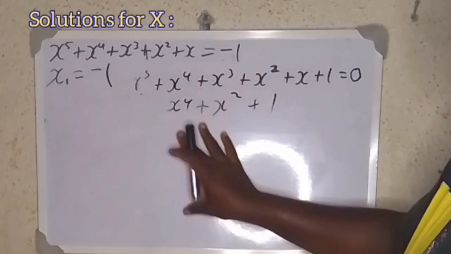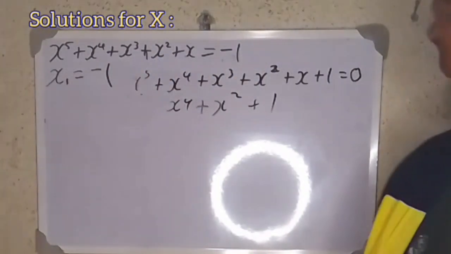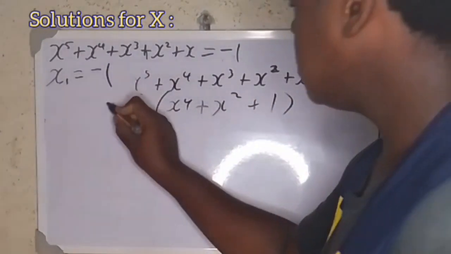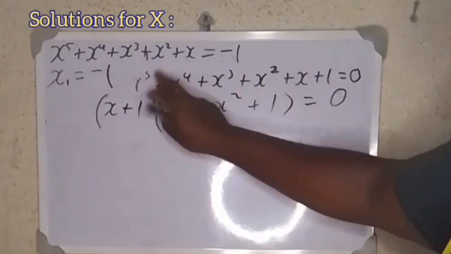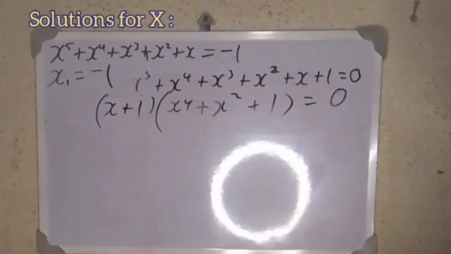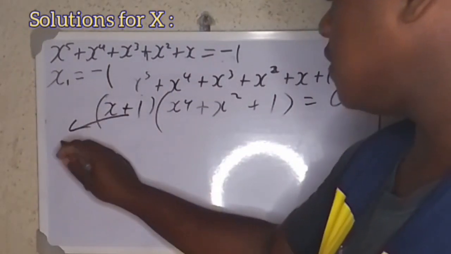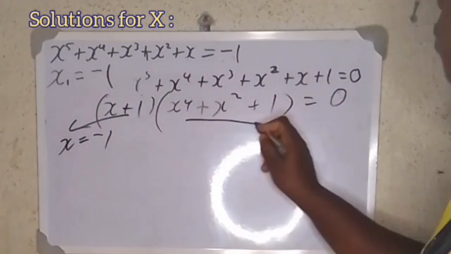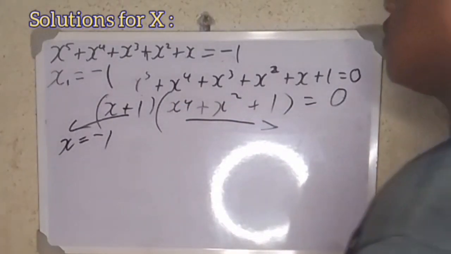So we just finished doing long division, dividing this big guy by x plus 1, giving us this smaller guy here. That means x plus 1 times all this is going to give us x to the power of 5 plus x to the power of 4 plus x to the power of 3 all the way to 1. And since x is equal to negative 1, we've already used that.